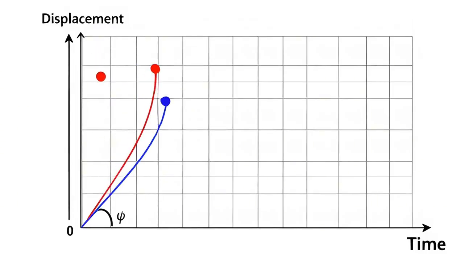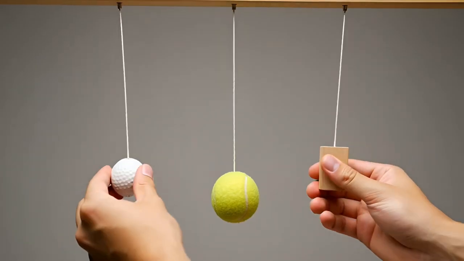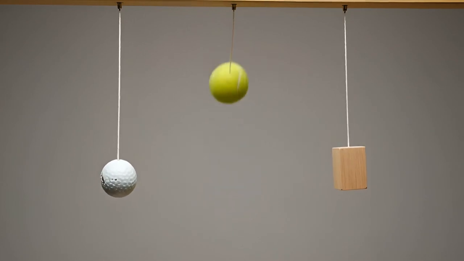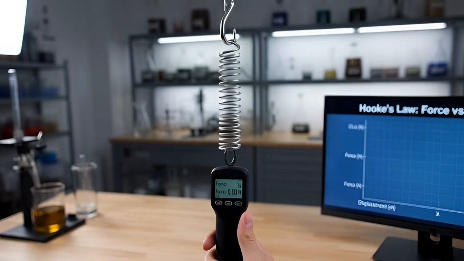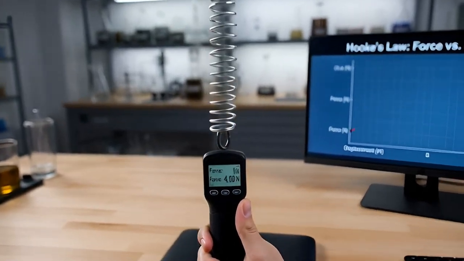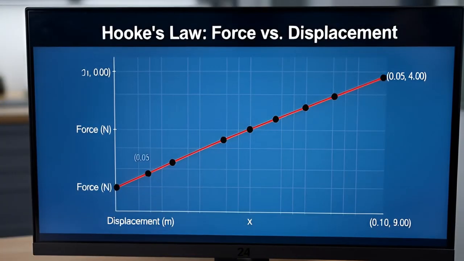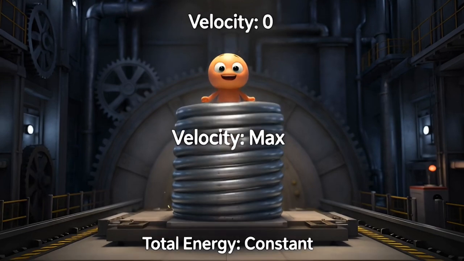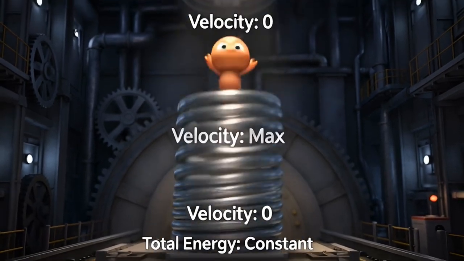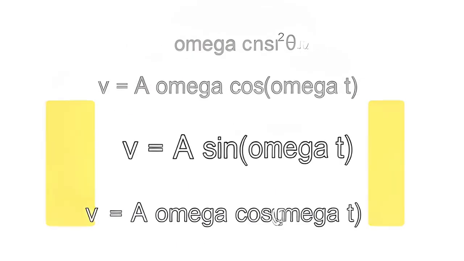Before going into the mathematics, we need to clearly define the key terms used in SHM. Displacement is the distance of the oscillating particle from its equilibrium or mean position at any given instant, and it can be positive or negative depending on the direction. Amplitude is the maximum displacement from the equilibrium position, always taken as a positive value, and it represents how far the body swings or vibrates at its most extreme point.